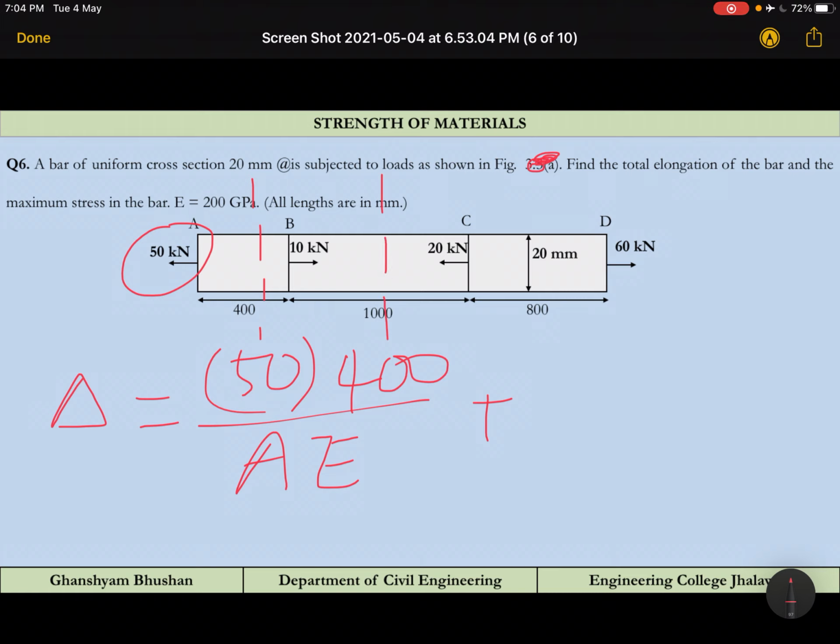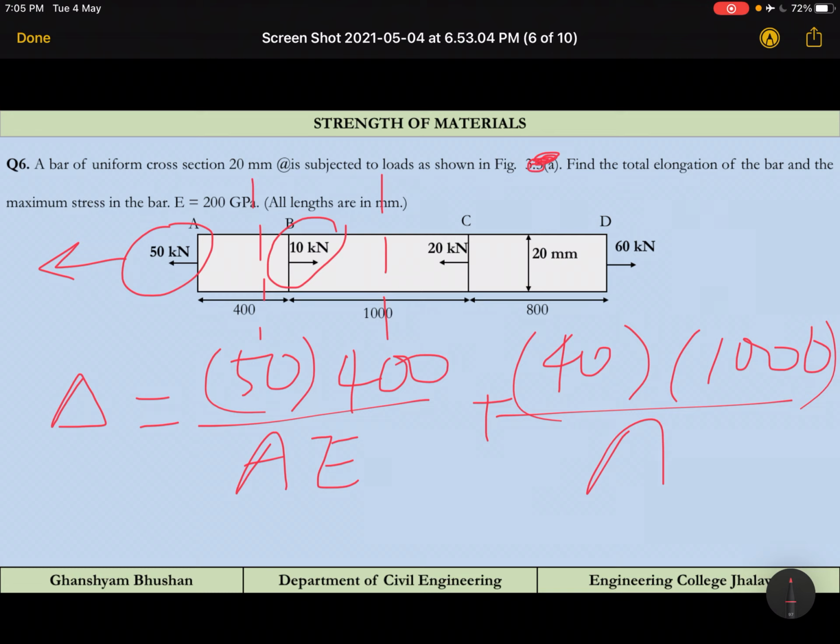So here now 50 left plus this 10 right, that means 50 minus 10, so 40 into 1000 upon A. Clear?